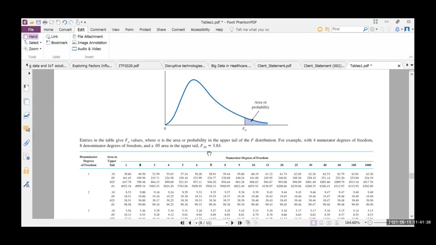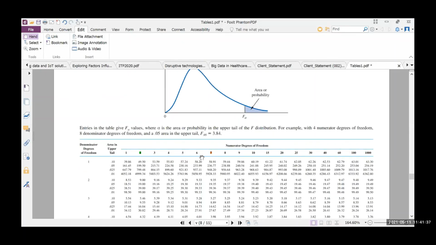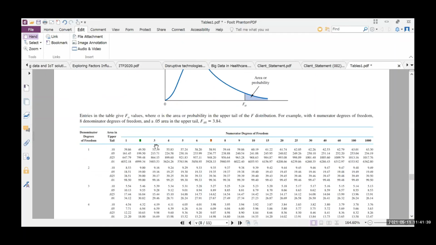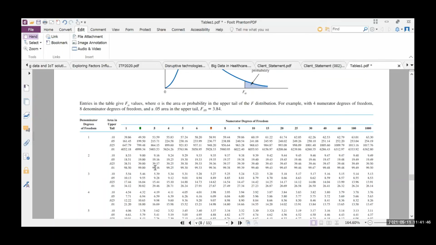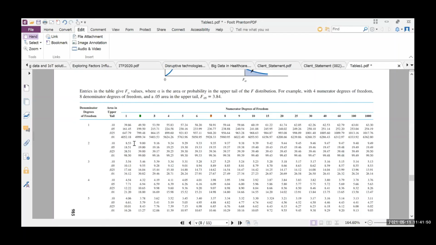Then you have the denominator degrees of freedom, which is the degrees of freedom within. So if I have degrees of freedom between to be 3, and the denominator degrees of freedom is 5, giving alpha to be 0.025, I am here. The area in the upper tail has been given as this.